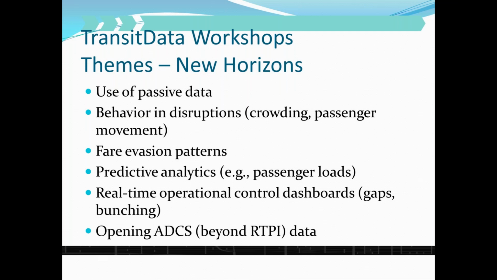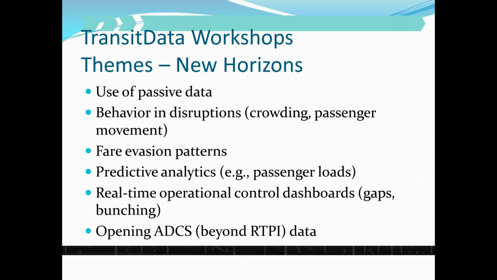Predictive analytics, passenger loads. How do you predict over time, not only historical patterns, but when there are disruptions, when distortions may occur in those passenger loads? And as I mentioned, real-time operational control dashboards, very interesting work I've seen in New York City with real-time gaps and bunching dashboards given to dispatchers of the subway system.